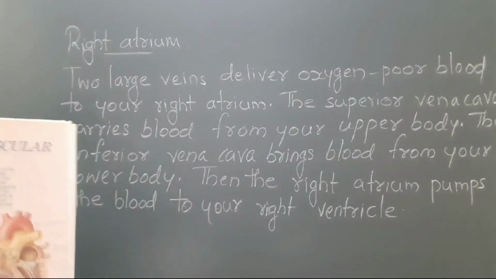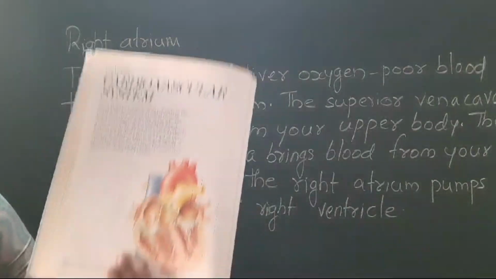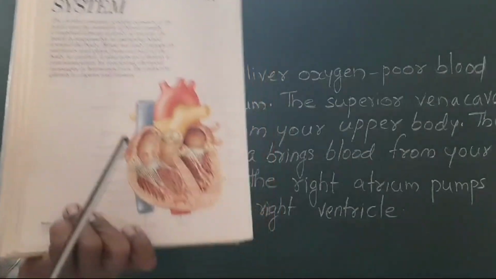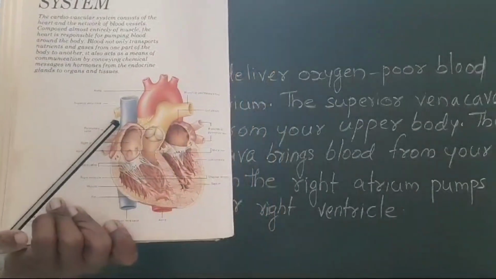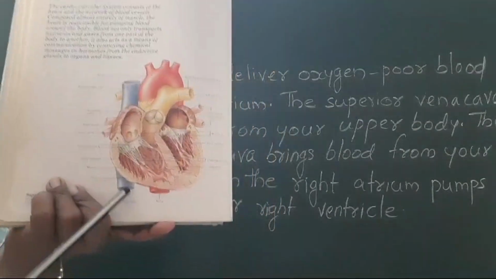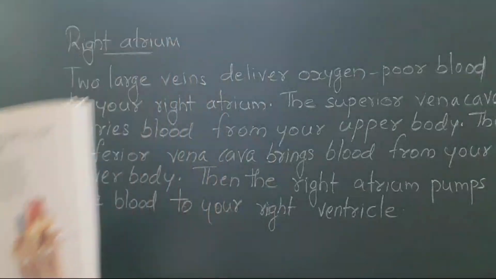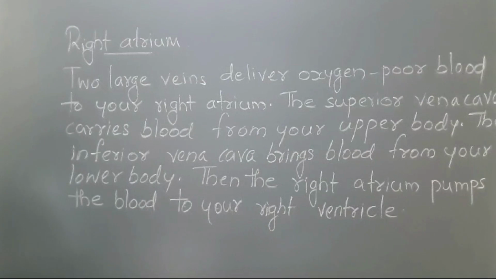Now you can see here, this is your superior vena cava and here is the inferior vena cava. 2 large veins deliver oxygen-poor blood to your right atrium.